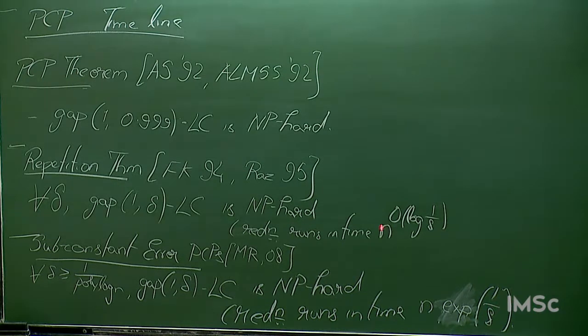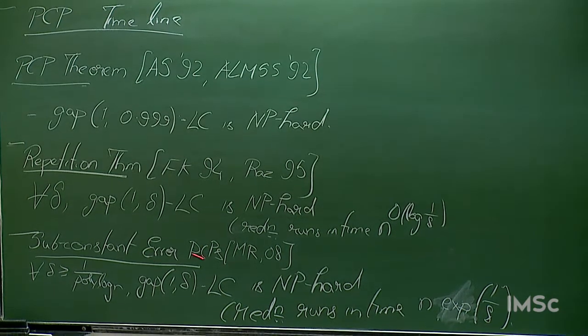Earlier, as delta went smaller and smaller, the running time polynomial used to go larger and larger. Here, the effect of delta is not in the exponent. If delta were a small subconstant, this is a nearly linear time reduction.